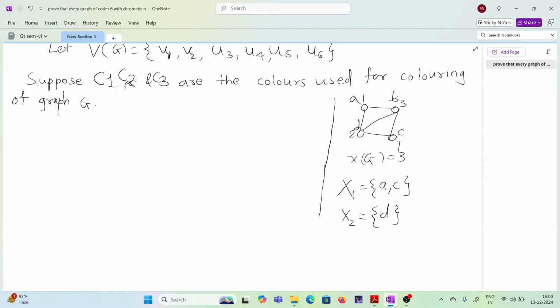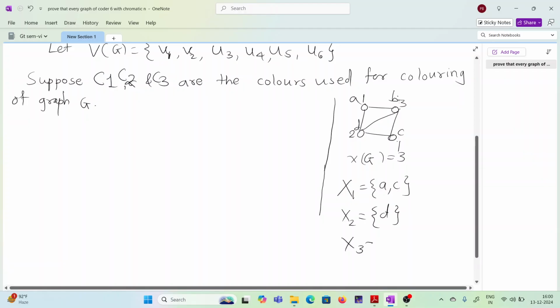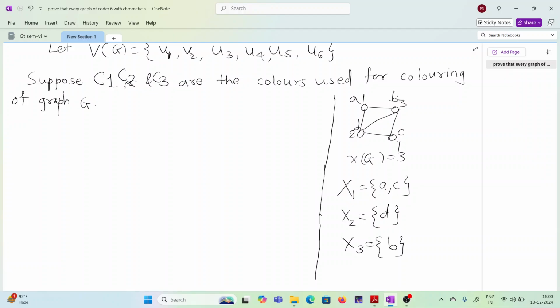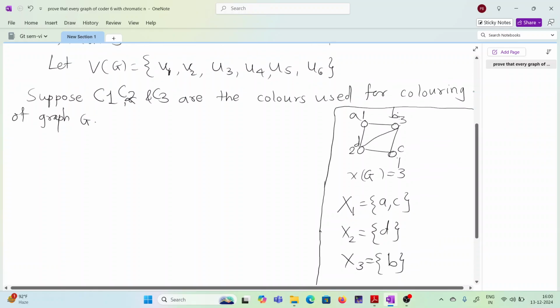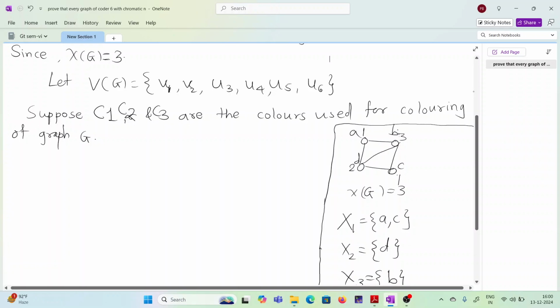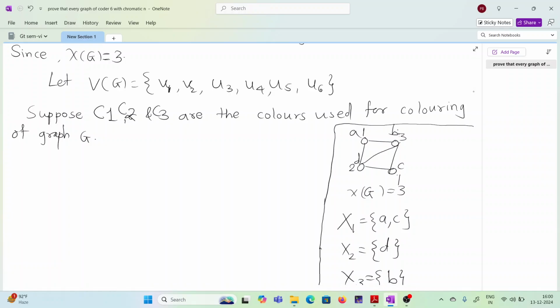There is only one vertex with color 2, and X3 is the set of vertices in G with color 3. So here B is a vertex with color 3. I have given this as an example, but in our graph G we have 6 vertices and all those 6 vertices are colored using colors C1, C2 and C3.